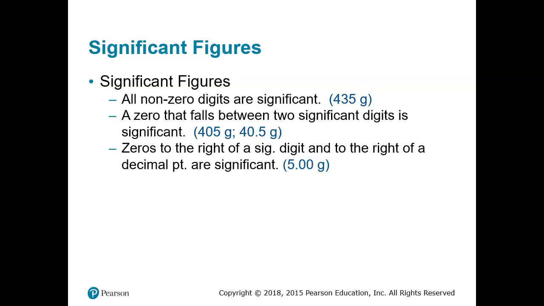If a 0 is at the end of a number and also toward the right of a decimal point, it's significant. So if I see a decimal point, that decimal point tells me that the zeros there are significant if they come after a non-zero digit.